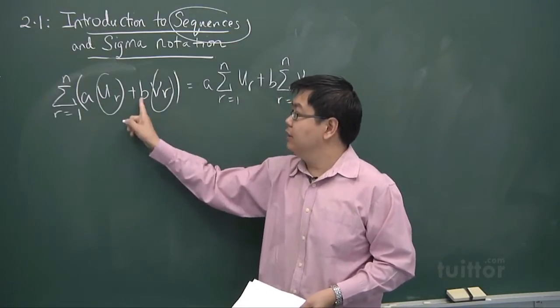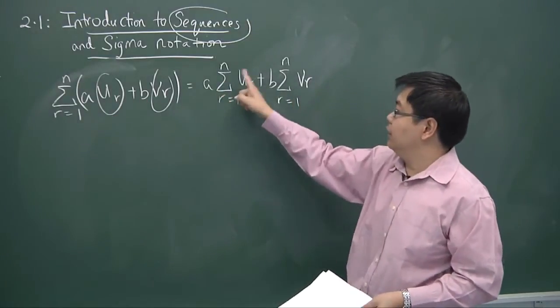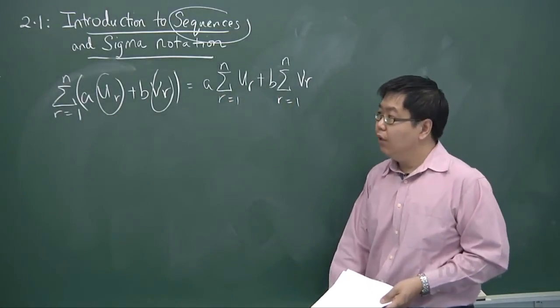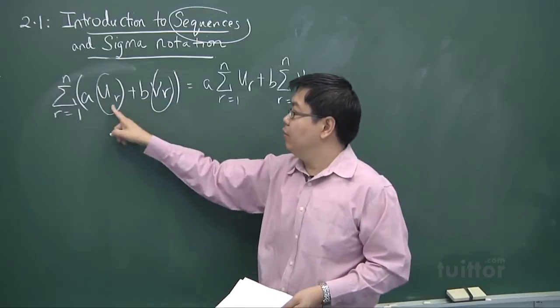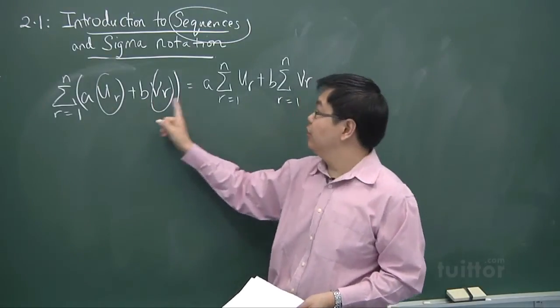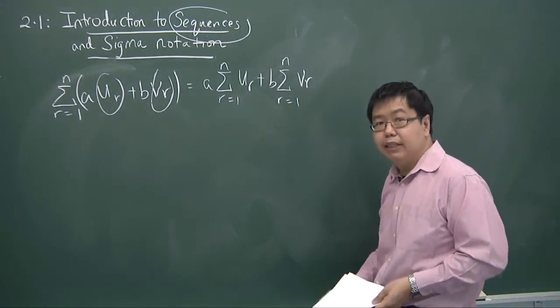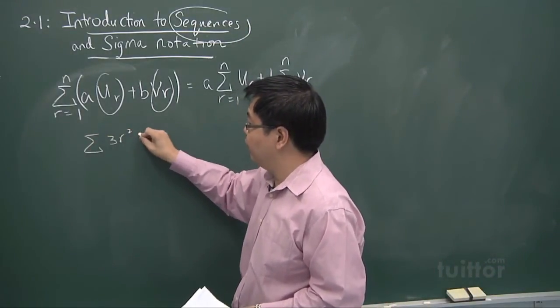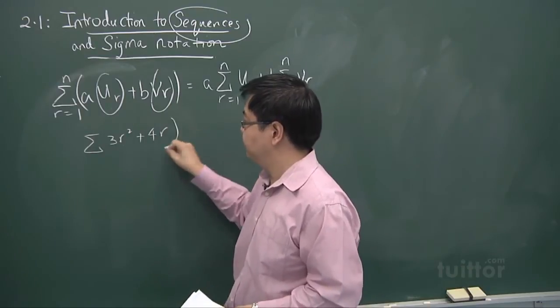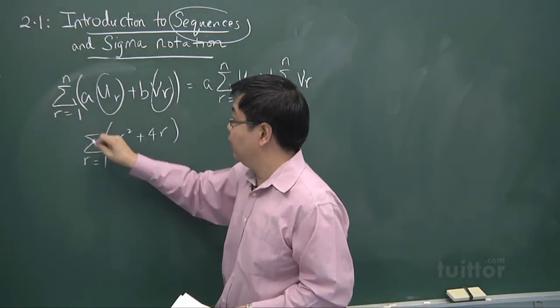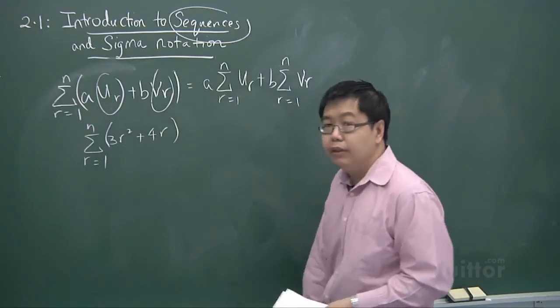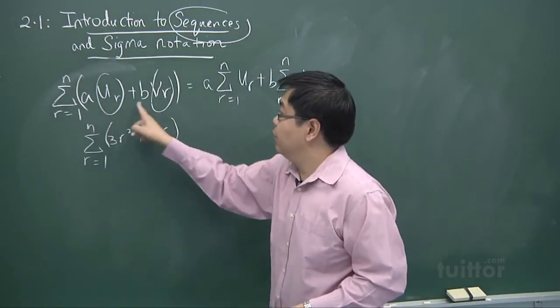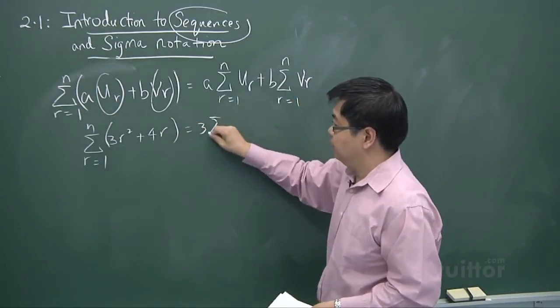So if there are constants involved, you can always take out the constant. Also, if there is a sum of two general terms, you can always split them up. I give an example. Suppose we have the summation of 3r squared plus 4r, where r runs from 1 to n. This 3 and 4 will be like constants. You can split it up in this manner.